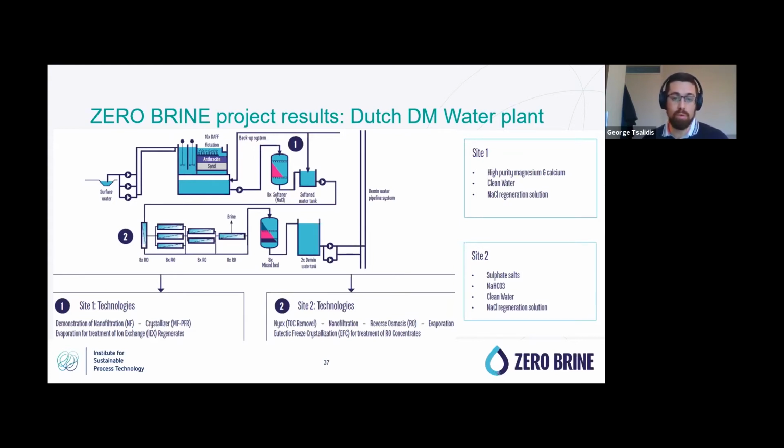and in site 1, nanofiltration, membrane crystallization, and evaporation were used in order to recover high purity water, clean water, and high purity magnesium and calcium in the form of magnesium hydroxide and calcium chloride.